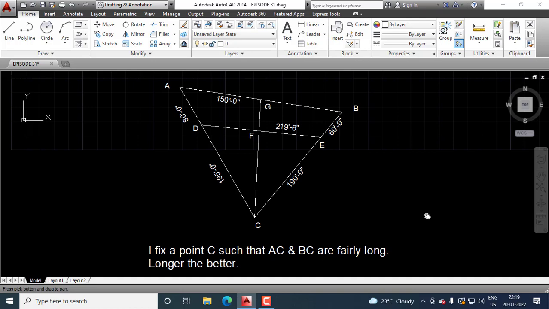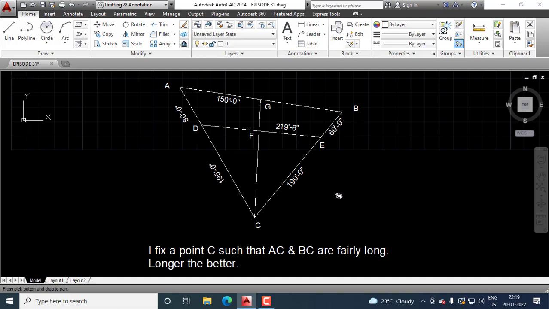Now we know this side, we know this side, we know this side. We know DE, we know EC, we know CD. So by applying cosine rule, we can calculate angle DCE. Angle DCE is equal to angle ACB.